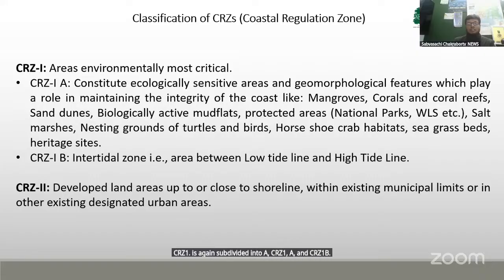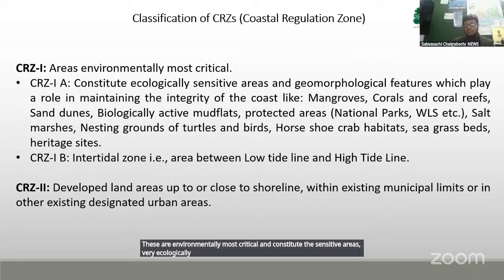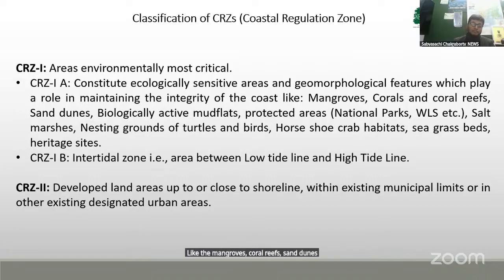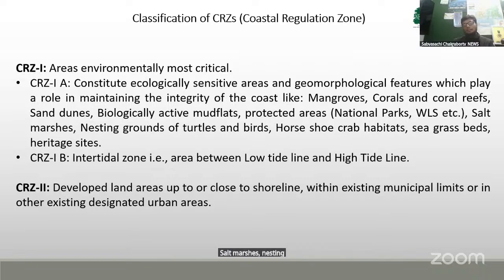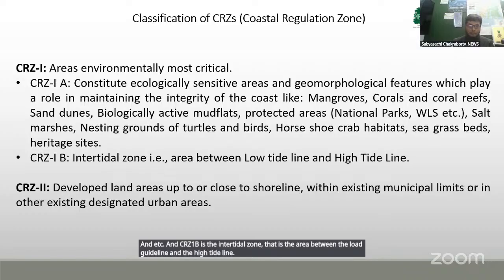These are environmentally most critical and constitute the very ecologically sensitive areas and geomorphological features like the mangroves, coral reefs, sand dunes, mud flats, protected areas like the national parks, wildlife sanctuaries, salt marshes, nesting grounds of turtles, birds, horseshoe crab habitats, etc. And CRZ1B is the intertidal zone, that is the area between the low tide line and the high tide line.